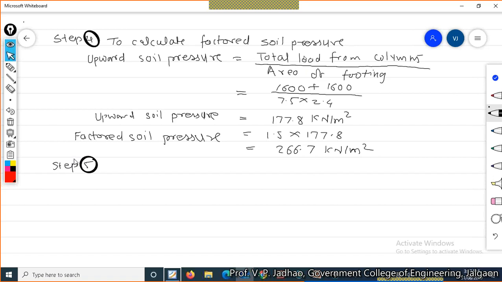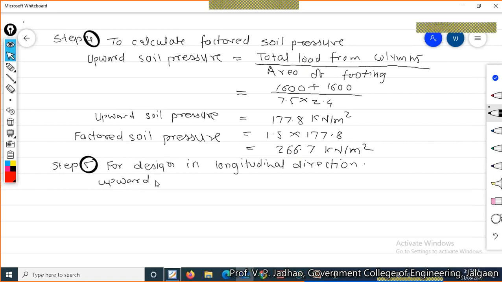Therefore, we have to calculate the upward soil pressure per unit length along the longitudinal direction.